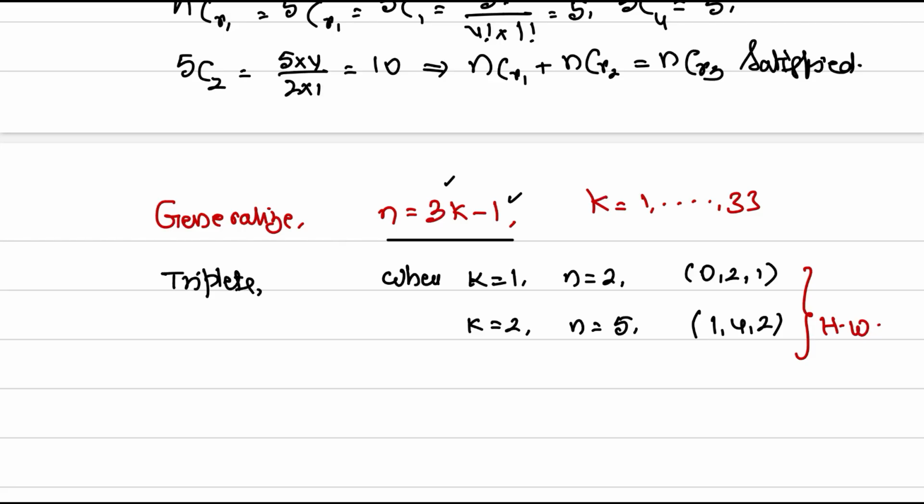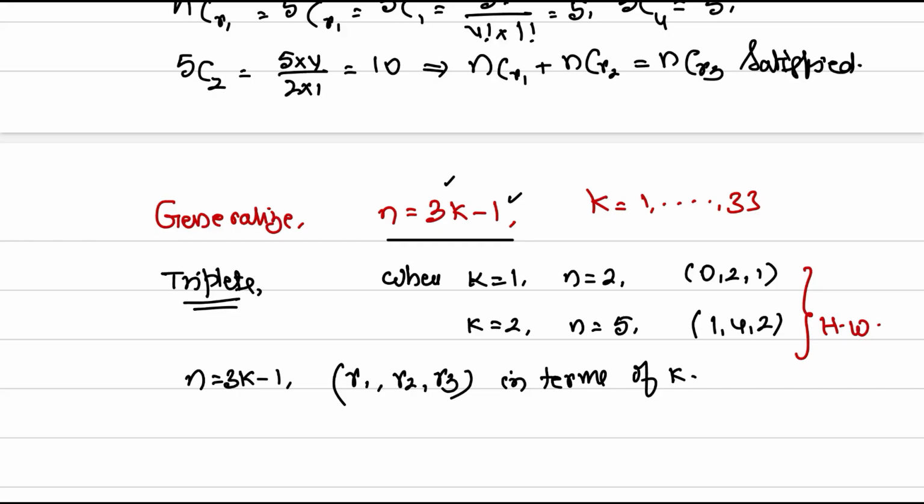That means when n is equal to 3k minus 1, can we get the set of R1, R2, R3 in terms of k as triplets?